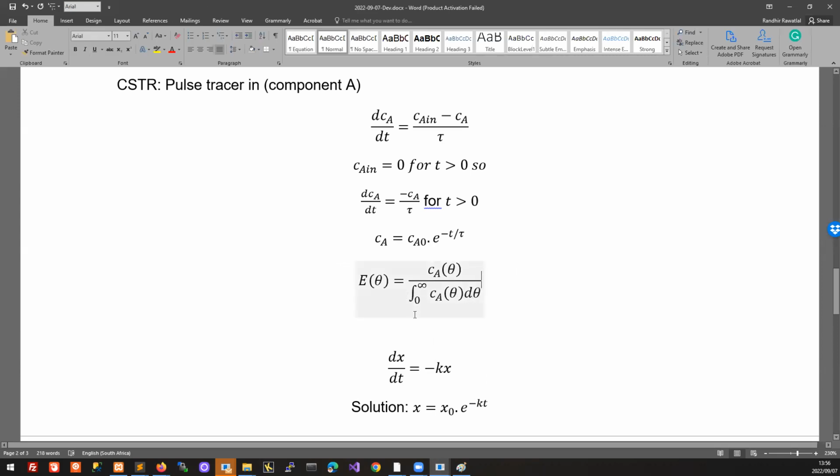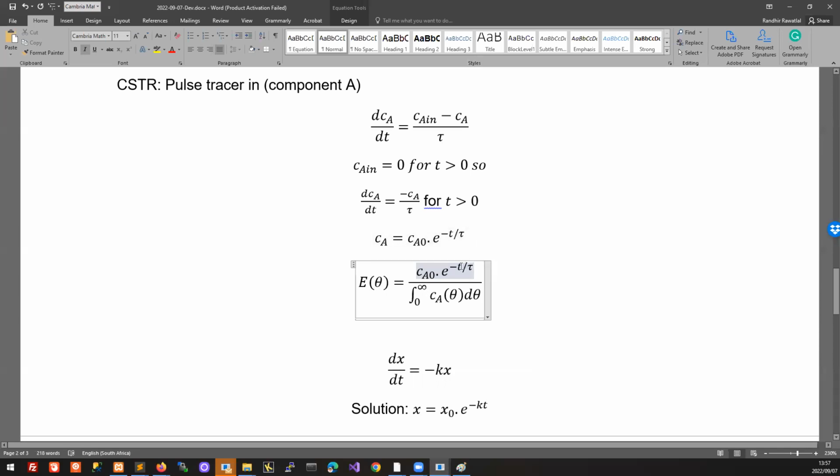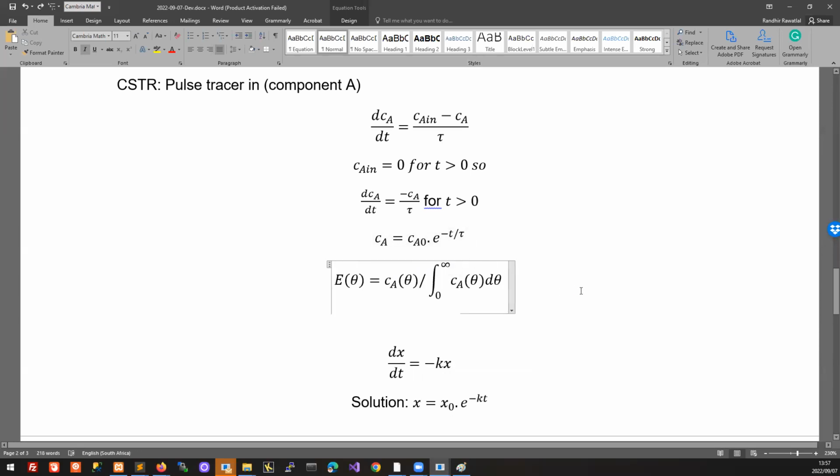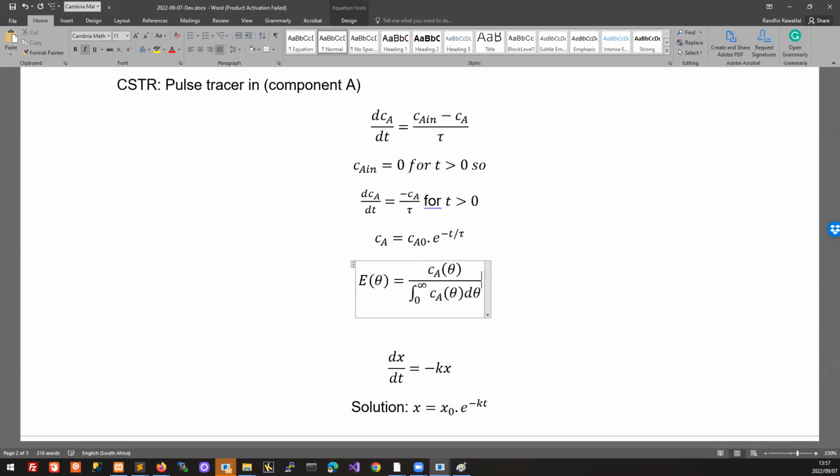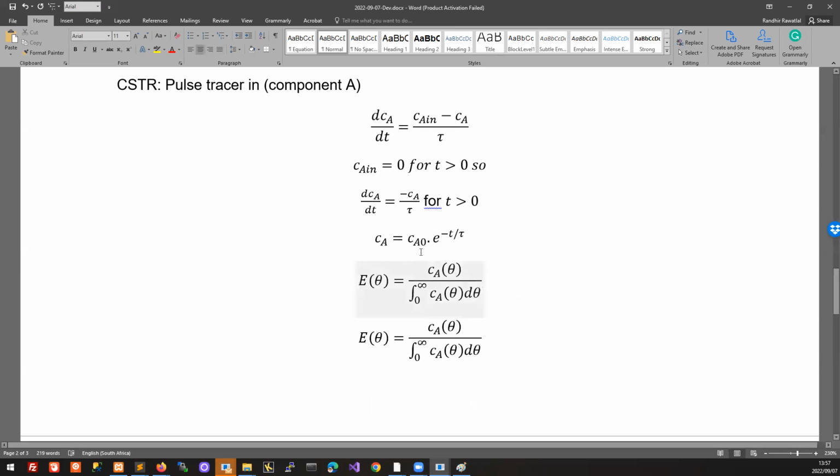So it looks like if we are going to progress this, for Ca of theta, that's easy. We can just stick this in and we use a theta. So the variable here is theta. Let's do it this way. So let's not disturb that equation. Let's just substitute this now.